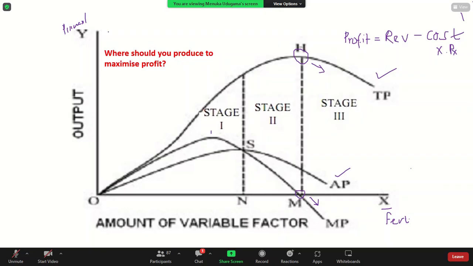So if this is pineapple, the number of fruits that you get, the number of pineapples, the kilo amount Y, times the price of the pineapple that you sell in the market. So that we know by price of Y. So that would give you the revenue minus cost. This difference is the profit, right?